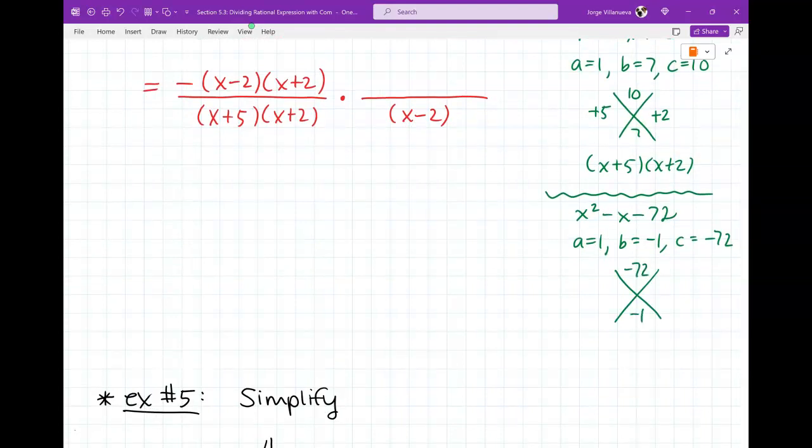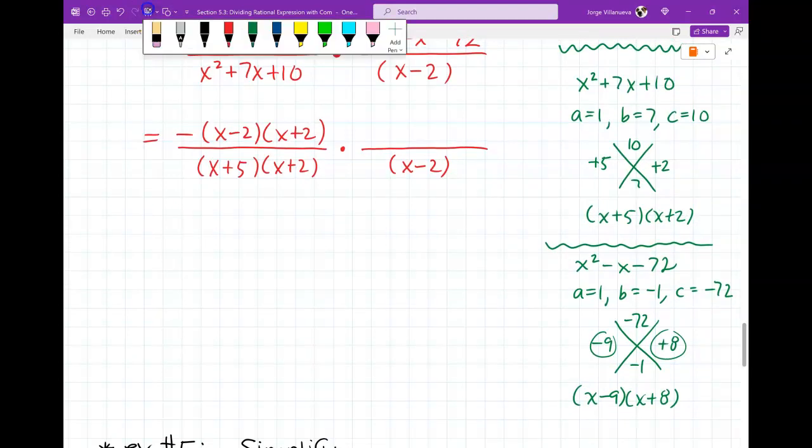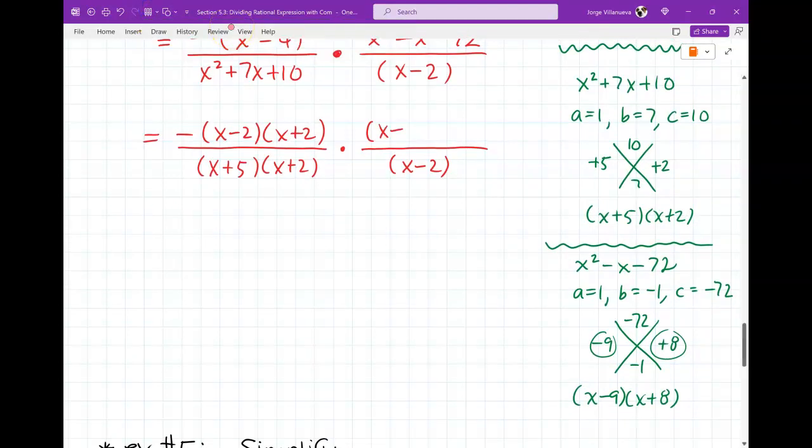And I think I kind of just told you guys the answer, right? It's going to be a negative 9 with a positive 8. So x minus 9, x plus 8.